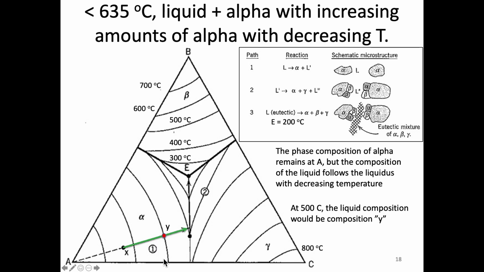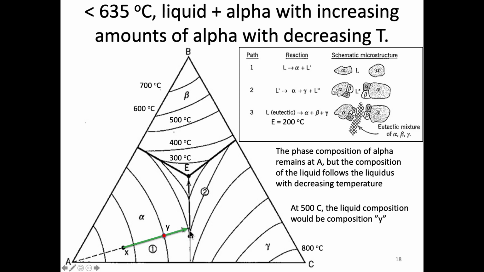The main difference here, and what we have to keep track of, is that our liquid composition changes as a function of temperature, and we want to determine that and show it graphically on this curve. The green arrow that I've shown here, going from X down to this point on the boundary curve, represents the changing liquid composition with decreasing temperature.